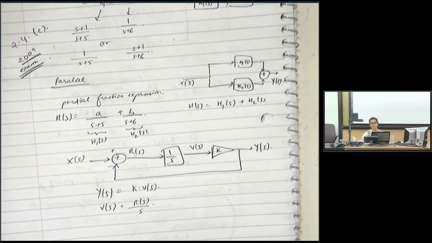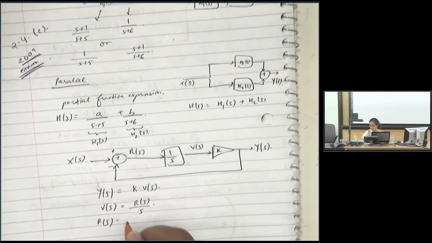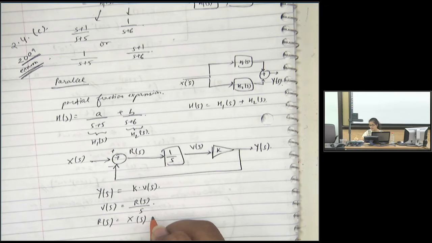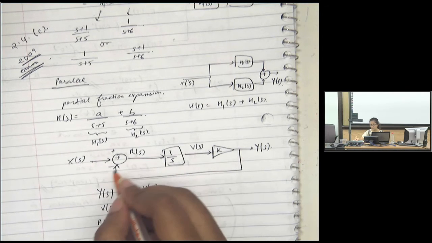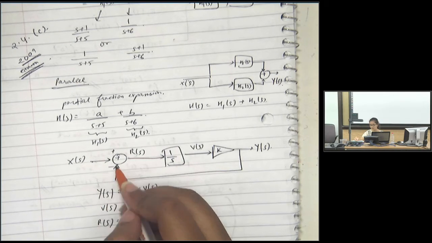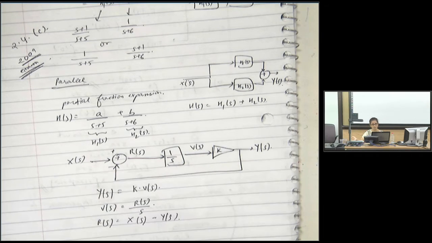Next, R of s is equal to X of s minus Y of s. Be careful with these signs. The two little things change everything. This plus corresponds to this and this minus corresponds to this. So be careful with these signs that you have.